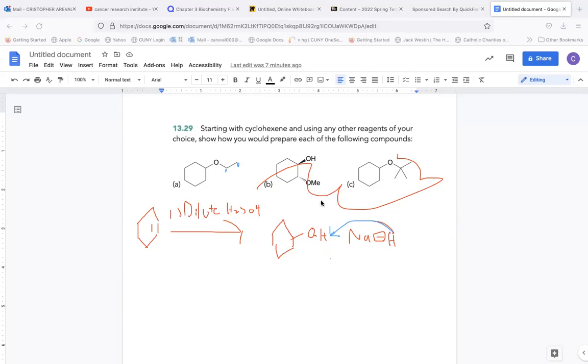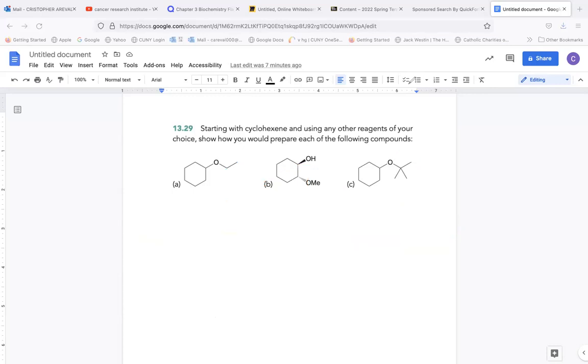What are the halogens again? I, Br, and Cl, right? So you could use any of them. I just prefer I, but it could be Br too. Not F though. It's too unstable. He likes to test your chemistry, so F is not good.